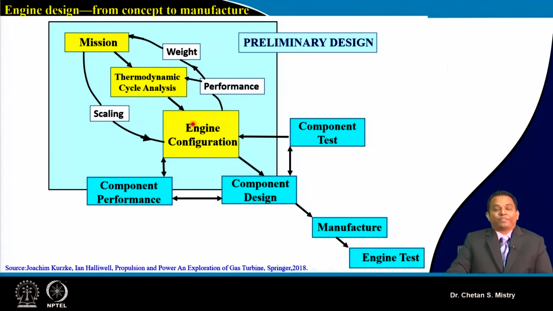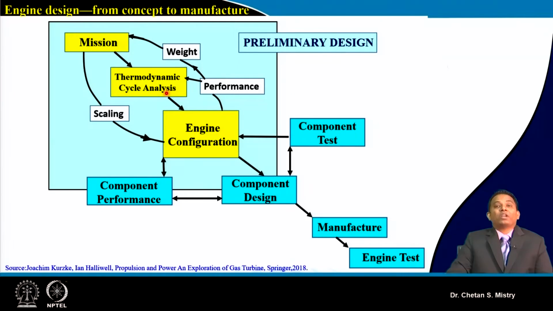engine configuration. So you can say you have done your initial cycle analysis, and that gives some engine configuration. Now we will be checking it against the performance requirement, whether it is meeting our performance requirement or not.